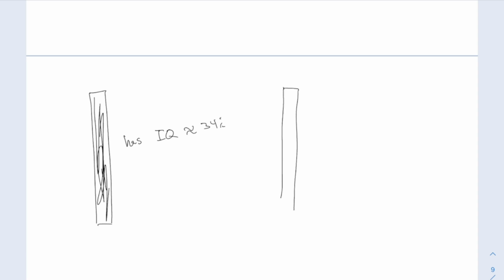So this sort of long, skinny rectangle has an IQ around 34%. If it's the same dimensions as the one that I just did, that kind of a shape has an isoperimetric quotient of about 34%. What's interesting is, what about that same shape's convex hull ratio?